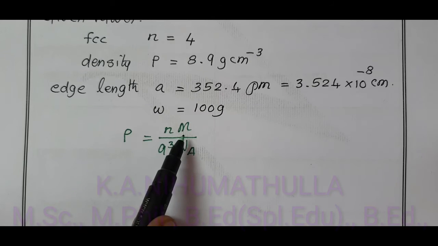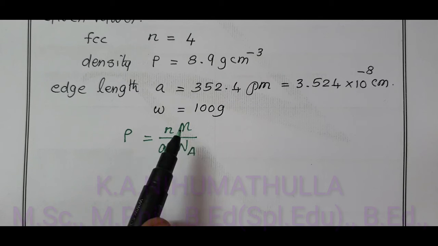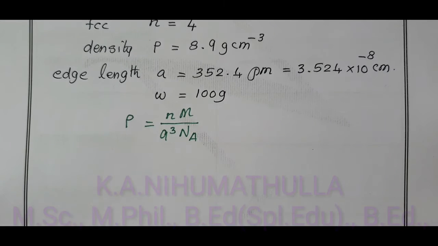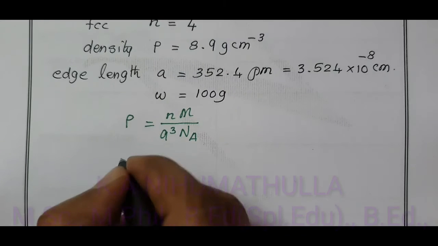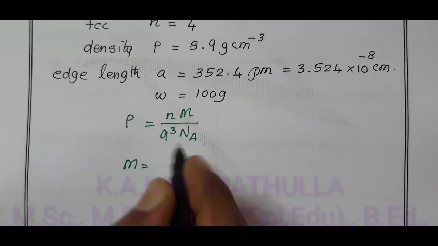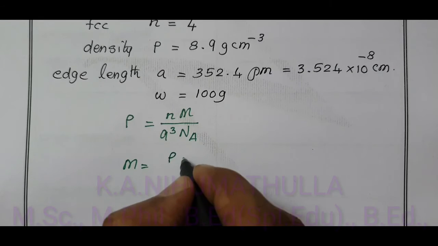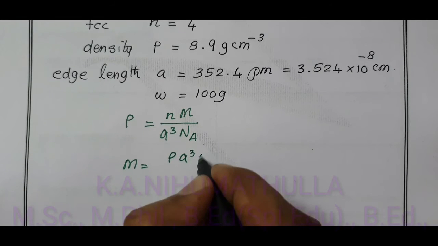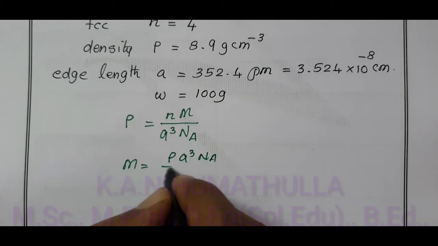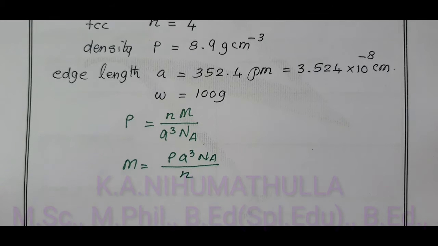First we have to calculate the molar mass, and using that we can calculate the number of atoms. Molar mass M is equal to, bringing all these quantities to the left hand side, rho into a cube into Na by small n. Small n value we know.